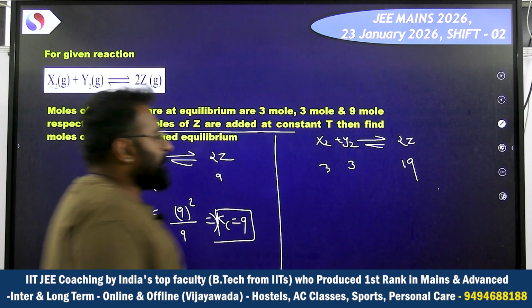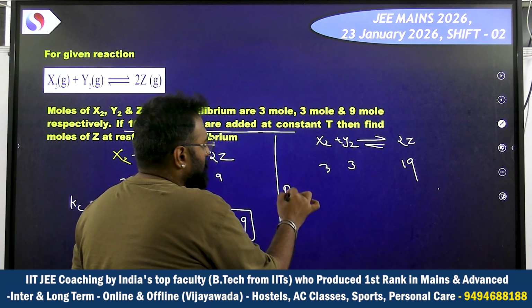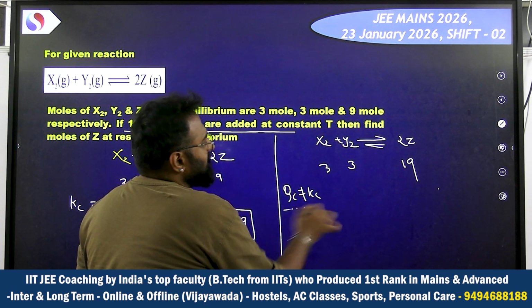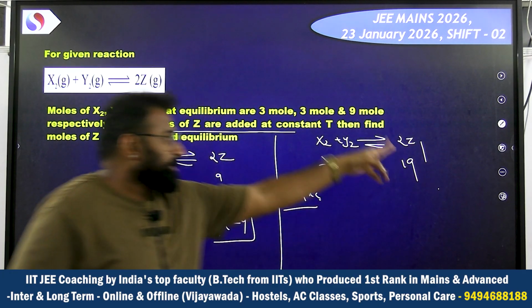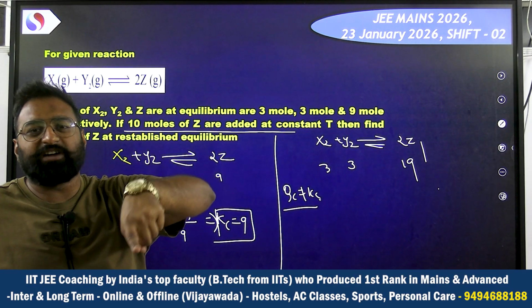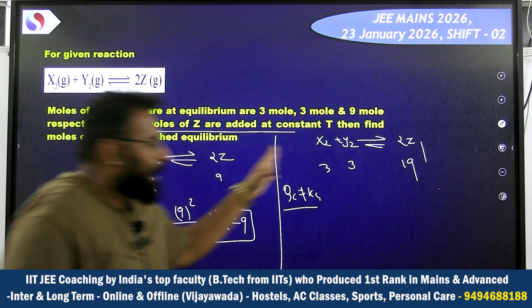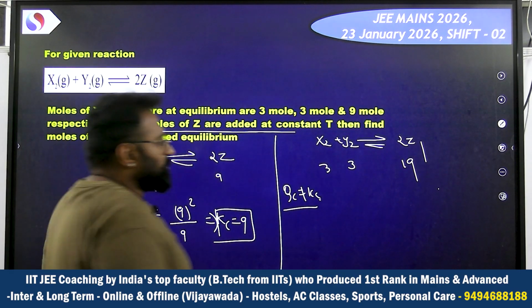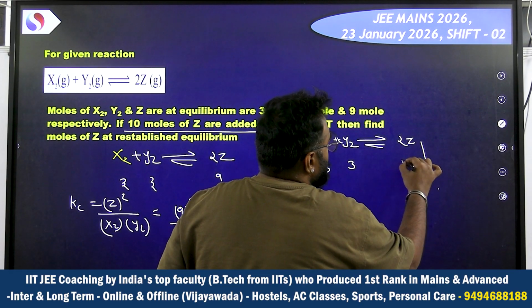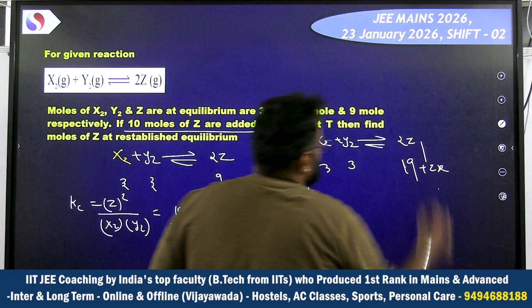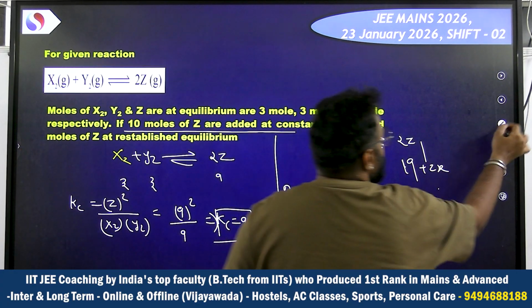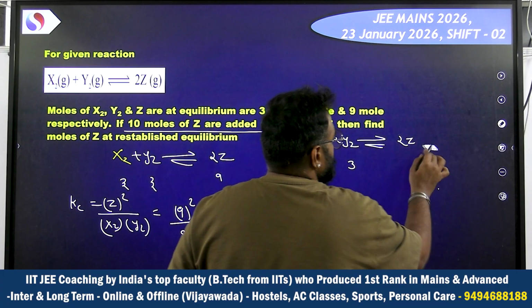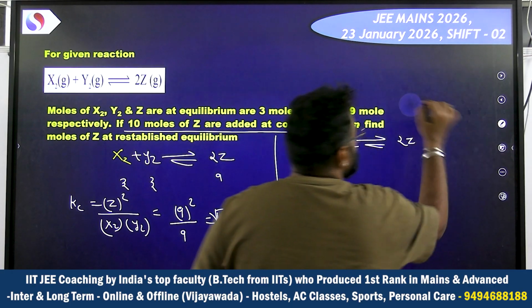So look what is happening here, Qc is not equal to Kc and the product is more. So according to Le Chatelier's principle, the reaction will move backward. So can I write 19 plus 2x? Sorry, 19 minus, can I write like this?